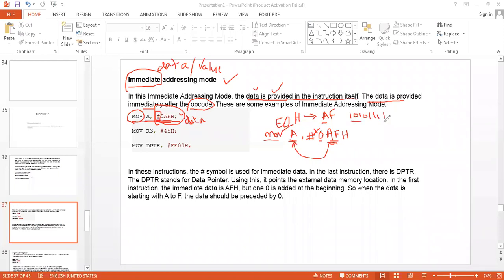So this is the actual data which is going to be stored into E0H. This is the memory location, and this is the data stored into that memory location.